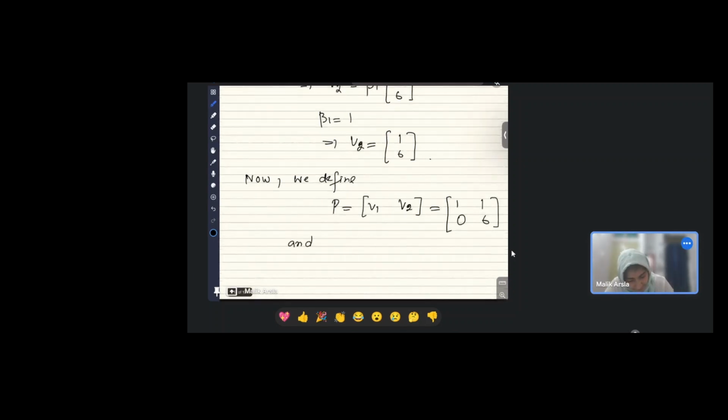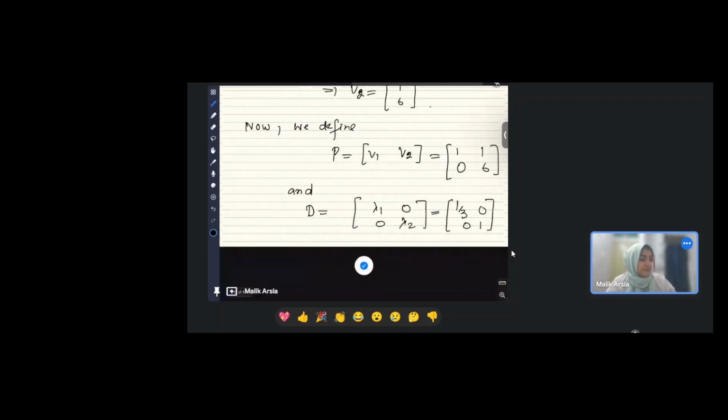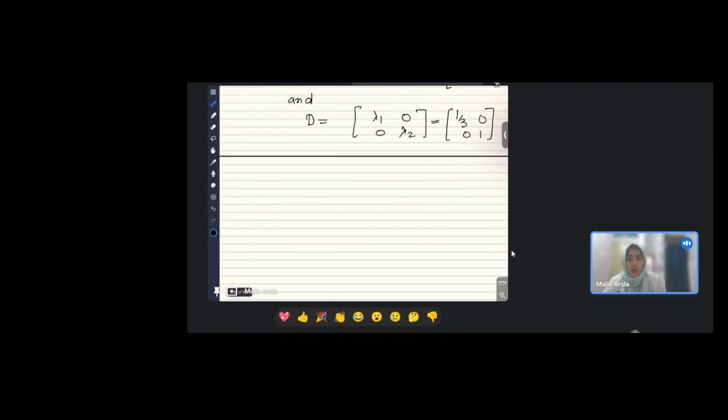And the diagonal matrix D, we know, has all its diagonal entries as the eigenvalues of the matrix A, and the rest are 0. So we write it like this. I hope it's clear till now.